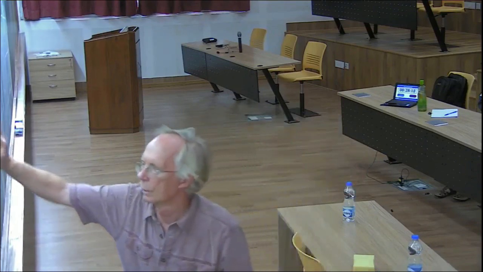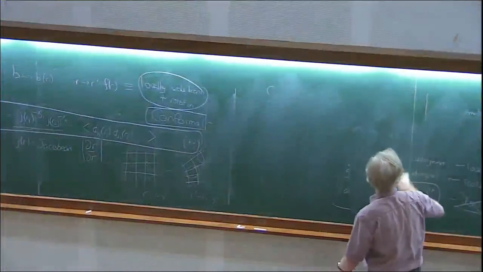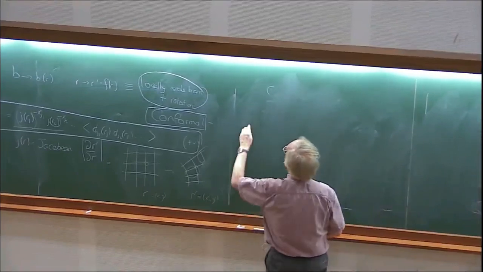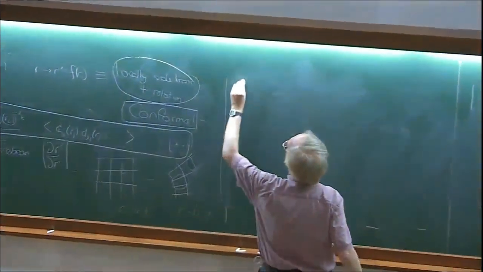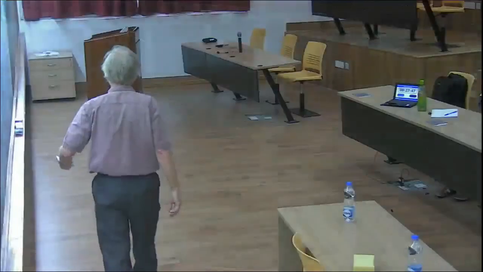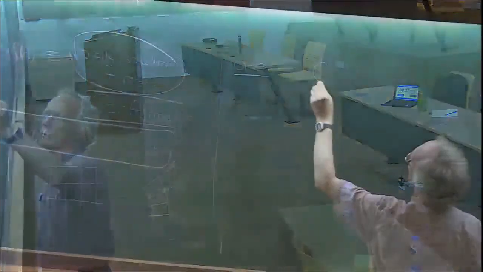Okay, so now something special happens in D equals 2. D equals 2 is special because there are many more conformal mappings. And the way to see this is to use what are called complex coordinates.